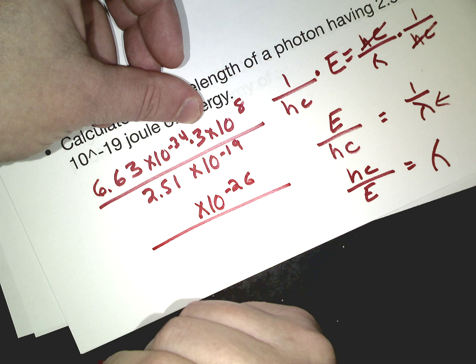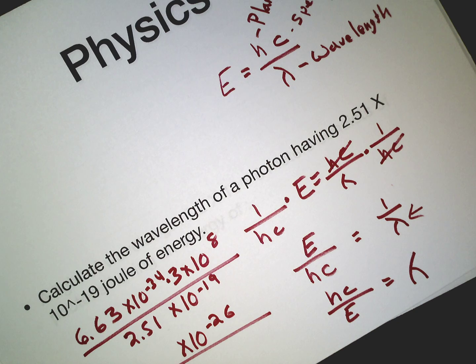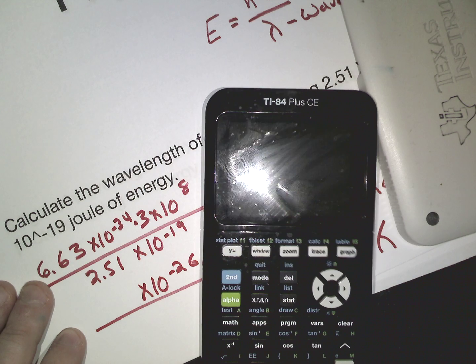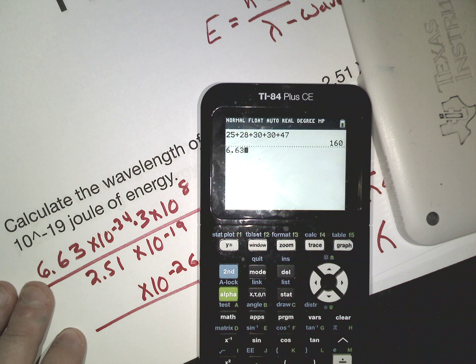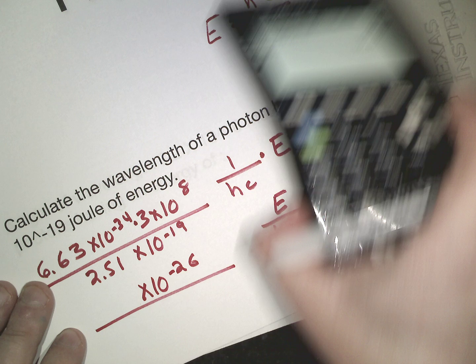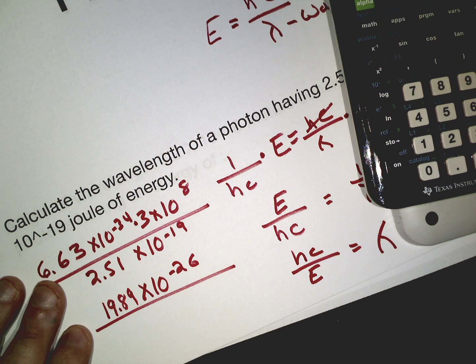Okay. Now, 6.63 times 3 should be somewhere in the range of 19 and a half. I don't know. Let's see where I am. 6.63 times 3, 19.89. Okay.